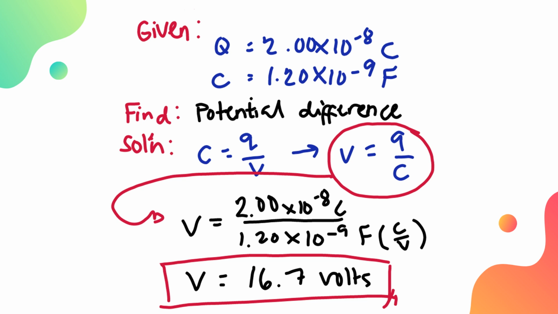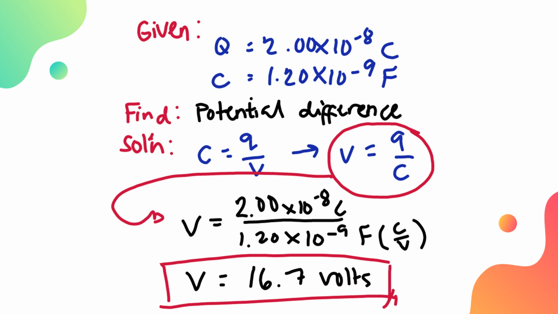Using the formula, capacitance equals the charge over the potential difference. Transform the formula, so the potential difference is equal to charge over the capacitance. Just formula transformation, it would be V equals Q over C. Now, applying the given values that we had, we can now compute the potential difference.